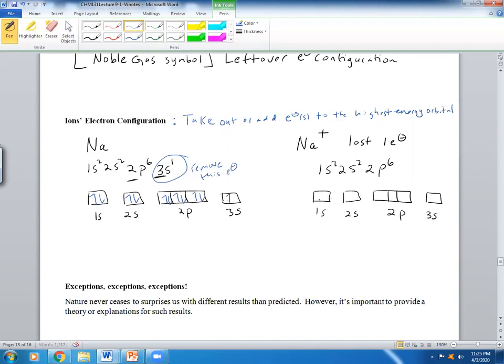But for instance, here we took away the electron from the 3s1. It's going to look like this, except the 3s is empty. So you might ask, should I still draw it if it's empty? And the answer is no. You can just delete it or not draw it at all. I put it here so I can show you as a comparison how this one is missing.